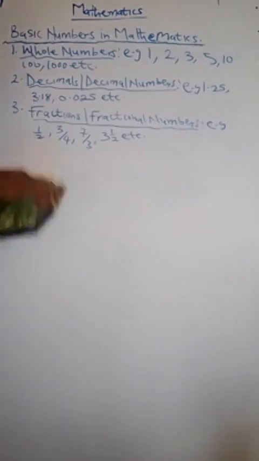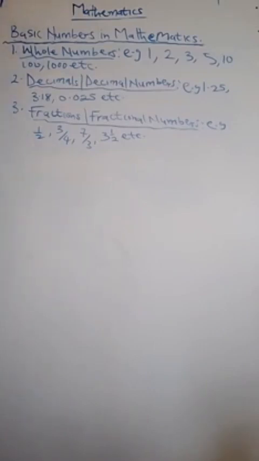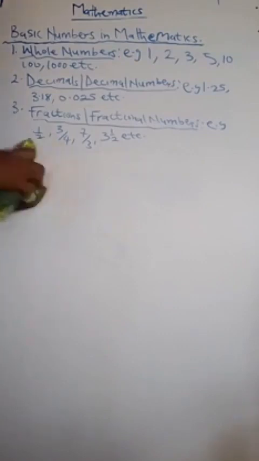2, we have proper fractions. A proper fraction is a fraction in which the numerator is less than the denominator. For example, 1/2. 1 is the numerator and is less than 2, which is the denominator. A fraction like this is an example of a proper fraction. 3, we have mixed number.